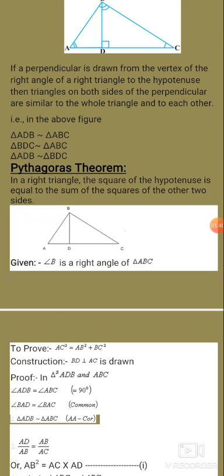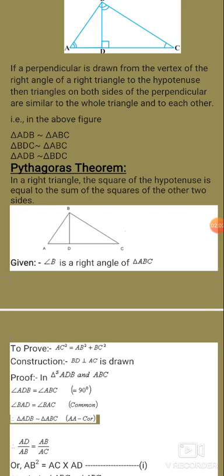Now, listen carefully. In this figure, angle B is a right angle of triangle ABC. We need to prove that AC square is equal to AB square plus BC square. For the construction, draw BD perpendicular to AC.